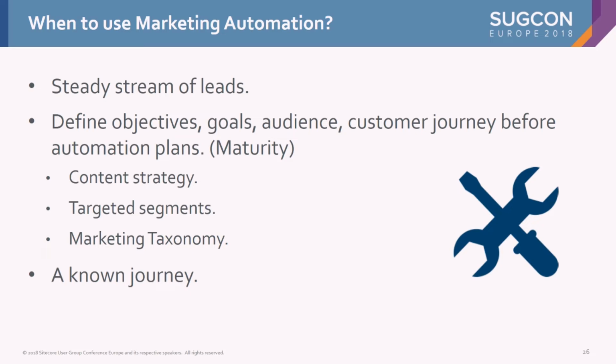So the first thing you need to look at is, do you have a stream of leads? Meaning you have a vast base of customers that you are working to enhance their experience across your website, or you are expecting to have much more traffic and leads to your website. If you have that, then actually start thinking about marketing automation.